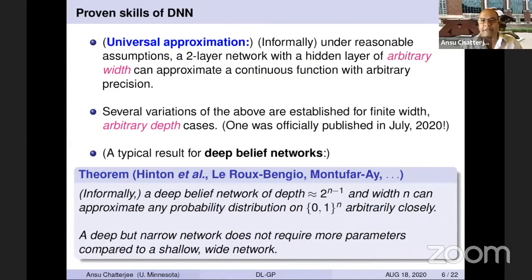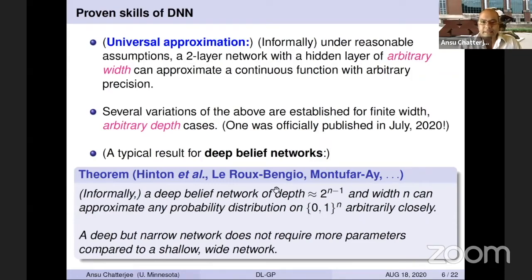So that has been known for a while. And this is a deep field of research. People have been showing that you could do the same thing with a long, narrow network. So arbitrary depth, but each hidden layer in a neural network is narrow, it's bounded.